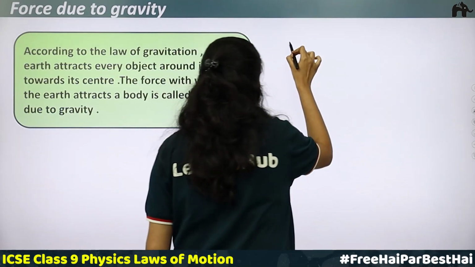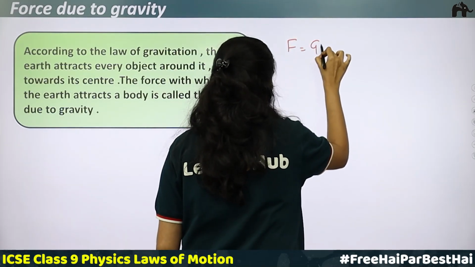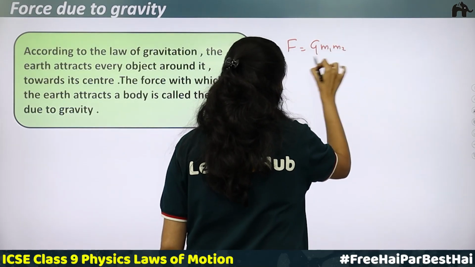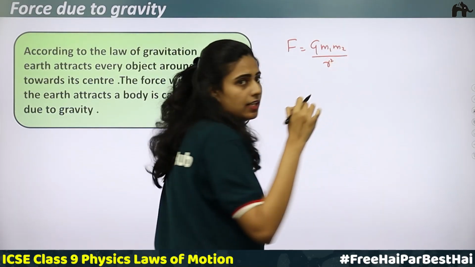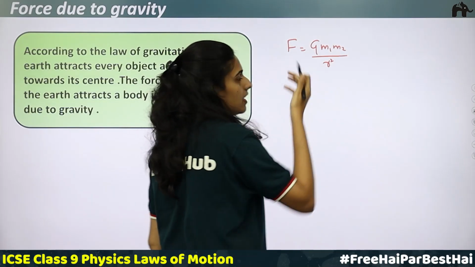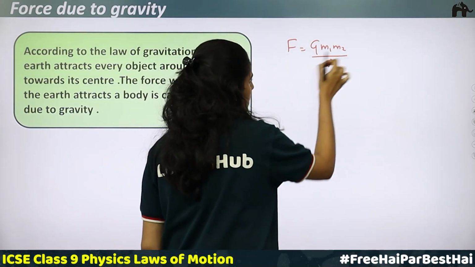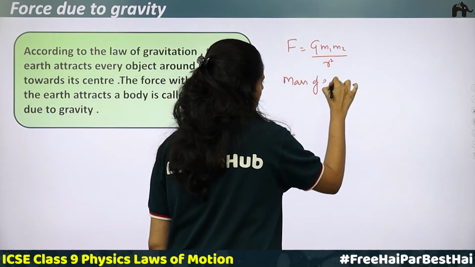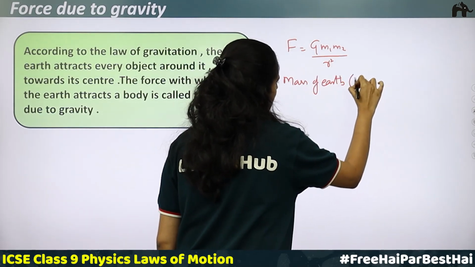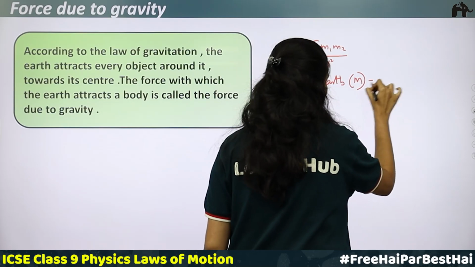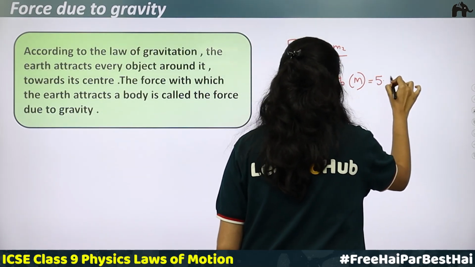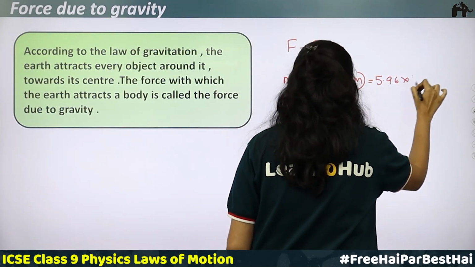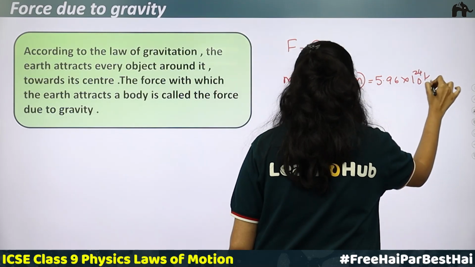So we have force F is equal to G m1 m2 divided by r square. Now consider a body of mass m which is on earth. Okay, let mass of earth be taken as capital M, and we know the mass of earth, the value is 5.96 into 10 raised to 24 kilogram.